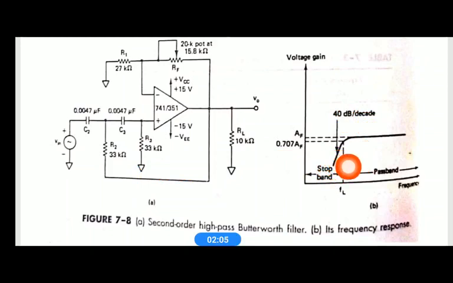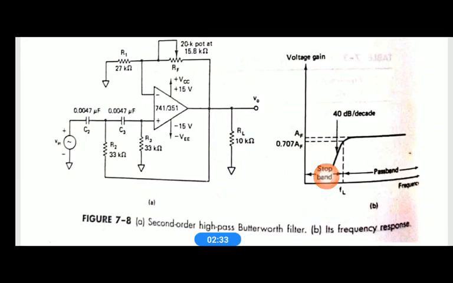In the second order low pass filter, you can see the graph for the gain is steep before FL. This is because the increase in gain before FL is 40 dB per decade and 12 dB per octave, right?